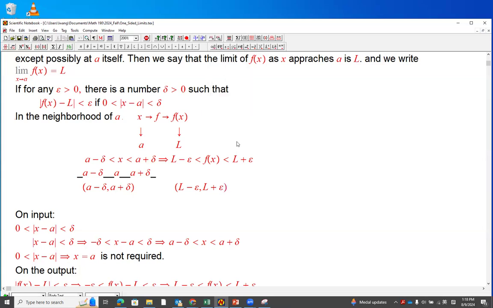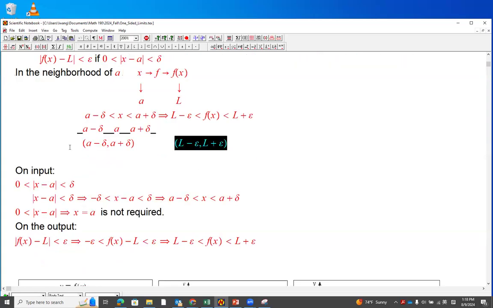Okay. So if this can be guaranteed for any epsilon, there's always such an interval so that the output is going to be in this interval.